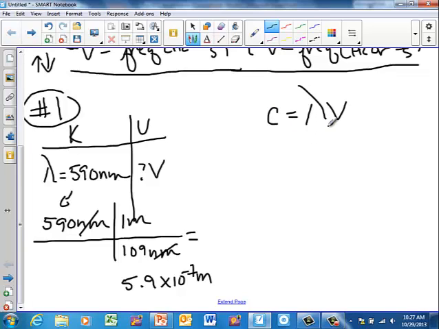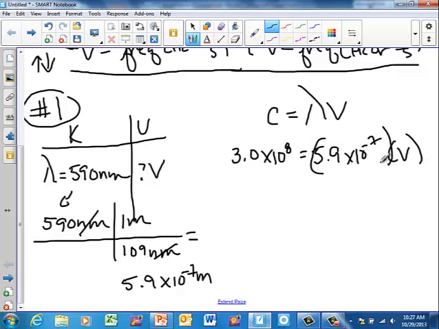So if I come on over here, I have to write the equation. Don't forget to write the equation on this one. Again, my speed of light is 3.0 times 10 to the 8th. My wavelength, 5.9 times 10 to the negative 7th. Okay, V is my frequency that I'm solving for, so I have to divide both sides by 5.9 times 10 to the negative 7th.